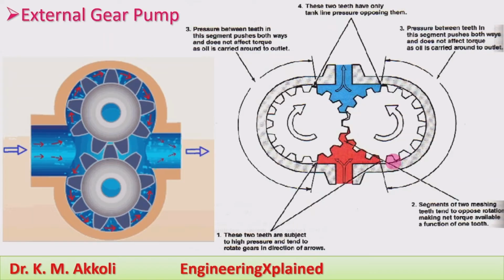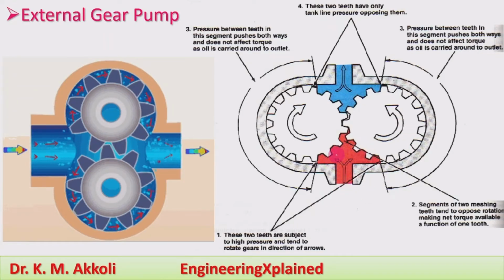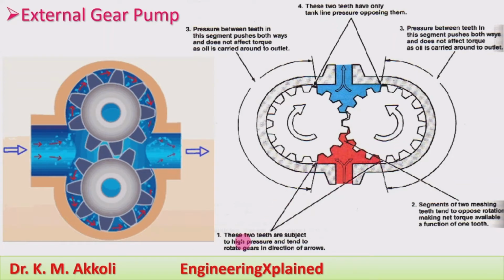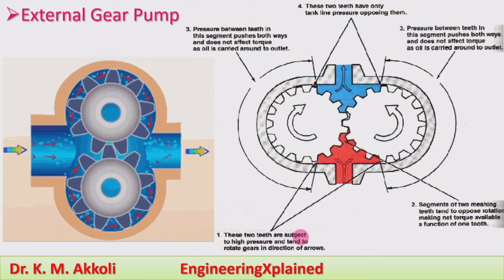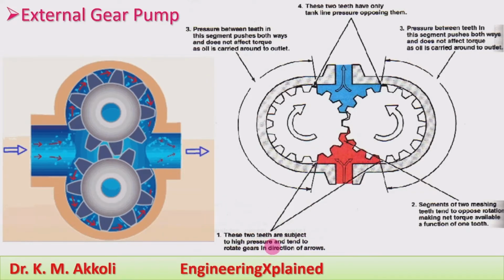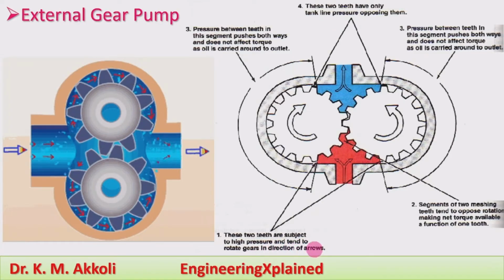This working can be explained by taking this simple plane diagram. This is the inlet, the fluid is entering here and the fluid will be carried around. These two teeth are subject to high pressure and tend to rotate the gears in the direction of the arrows.